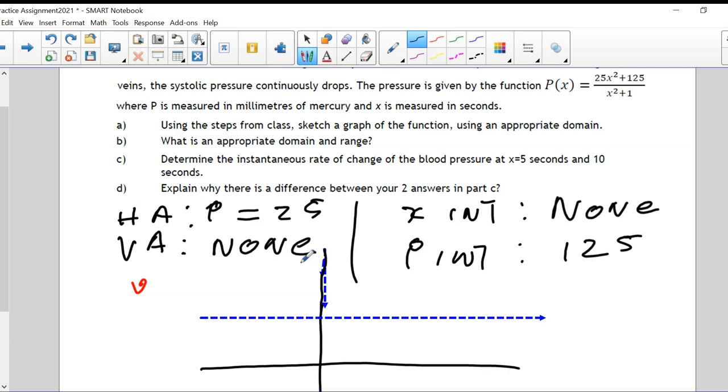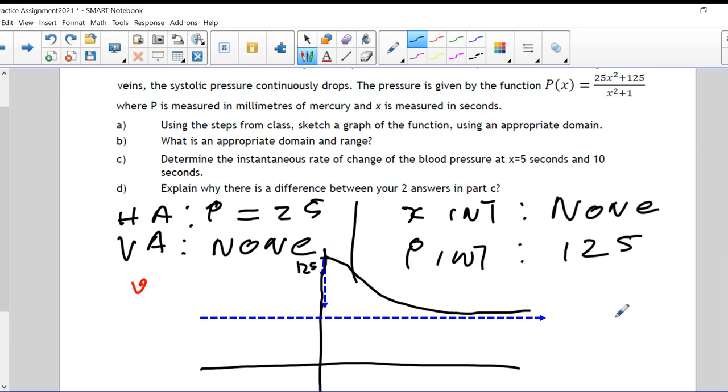And 125 is somewhere up top here. So I'm thinking, wow, it has to cross the vertical axis up here. It has to be asymptotic to this line down here. It doesn't have any x-intercepts. It doesn't cross this line down here. So what does this thing look like? Well, it looks something like this.